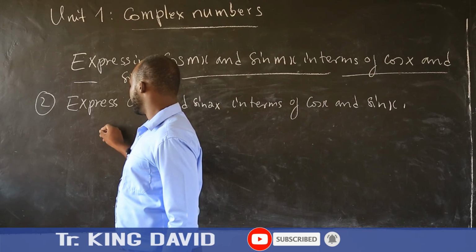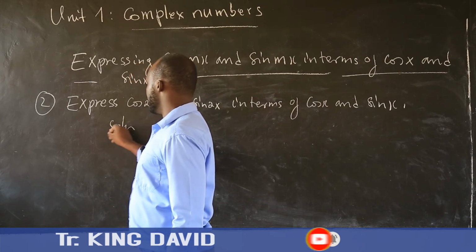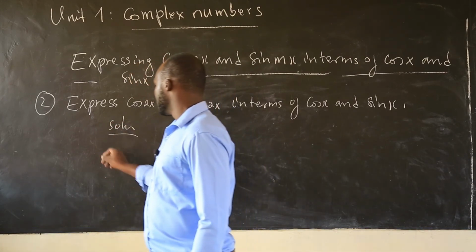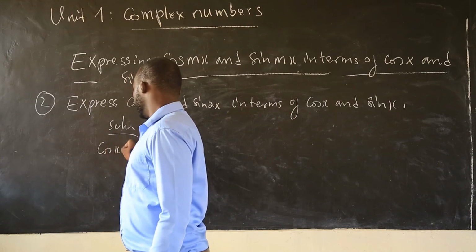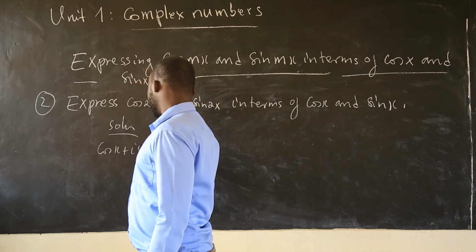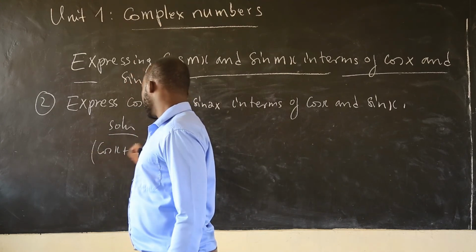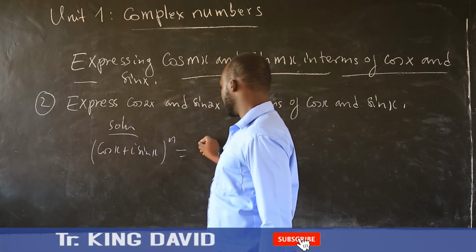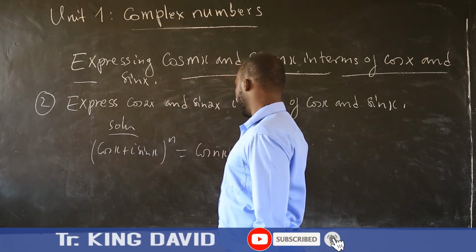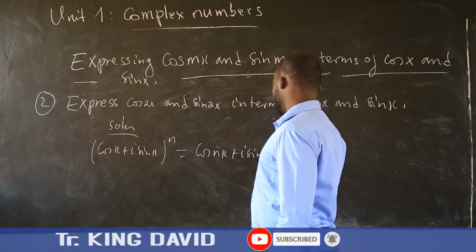We know that, remember by De Moivre's theorem, when you have (cos x plus i sin x) power n, this is cos nx plus i sin nx.